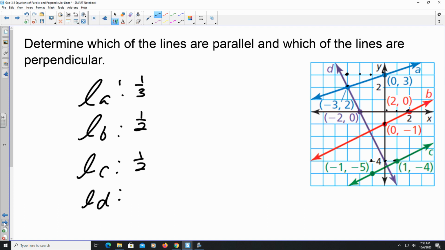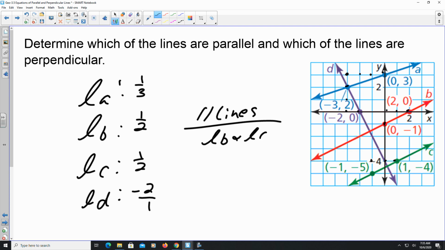So I already know that line B and line C are parallel because they're the same. And line D looks like it goes down 2, to the right 1. So it looks like it's -2/1. So parallel lines, I can say that lines B and C are parallel.